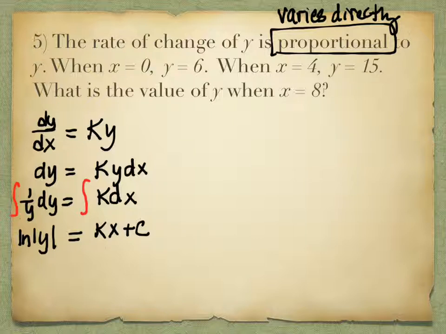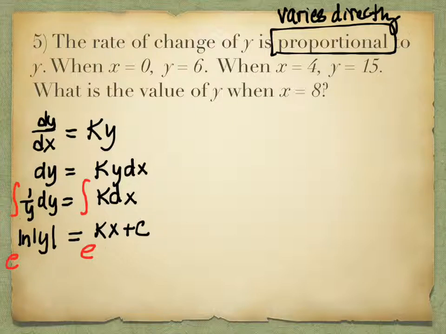Okay, now what? Use the values. Can't use the values yet. Well, I guess we could use the values at this point. It wouldn't hurt anything, but it's going to simplify things quite a bit if we do something else first. The e, yeah, because we're going to have to do that at some point anyway, whether we do it now or later.